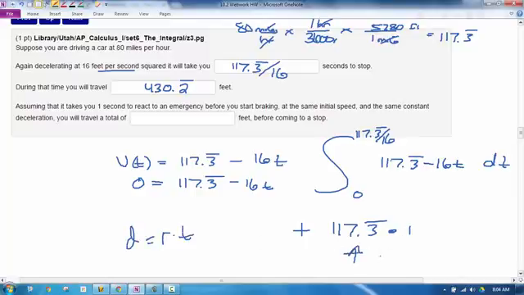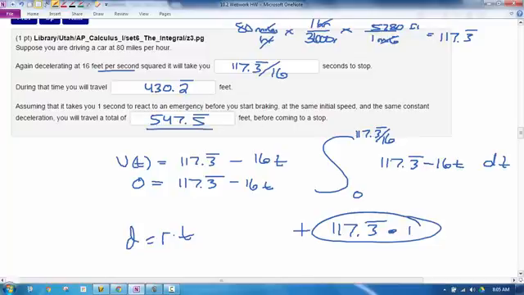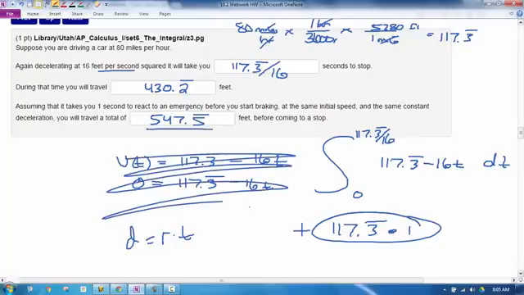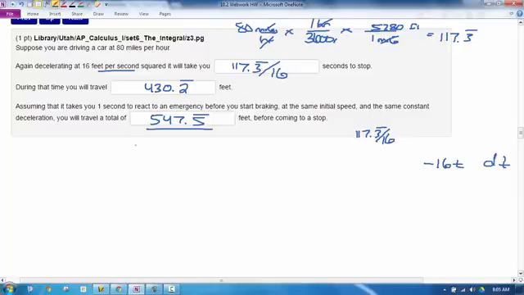So take the constant rate and multiply it by the time, and add that distance on there, because that's how far you go in 1 second. If you do that, you end up getting 547.5 repeating.